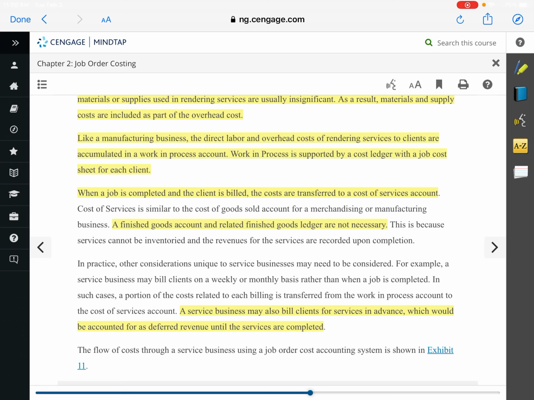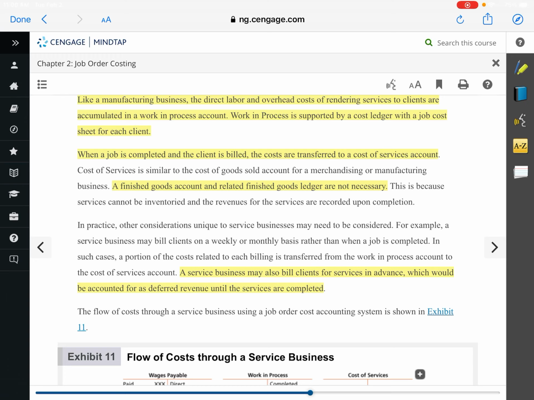Yeah, it's not. You're not providing a good at the end of the stay, or at the end of your job. You're providing a service, so you wouldn't have something that you bundled up in a bow and provided to them. It would all be considered a service.